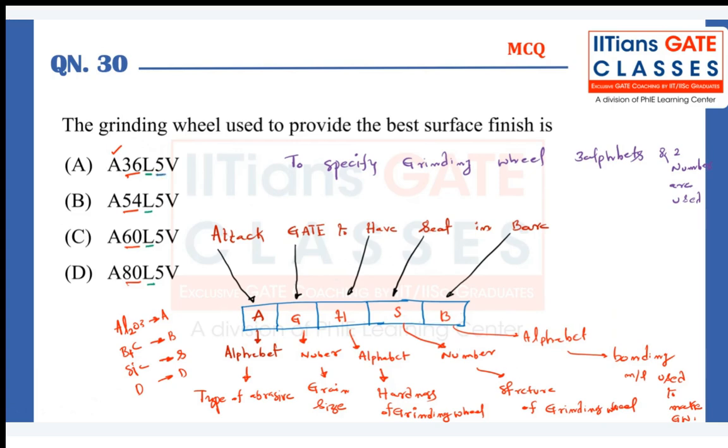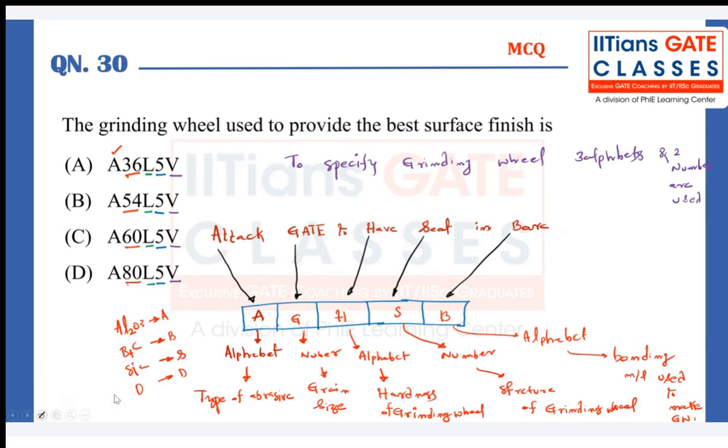The last one is an alphabet, used for which type of bonding material is used: vitrified bond, shellac bond, or silicate bond. So first is the type of abrasive, then grain size, hardness, structure of the grinding wheel, and type of bonding used.